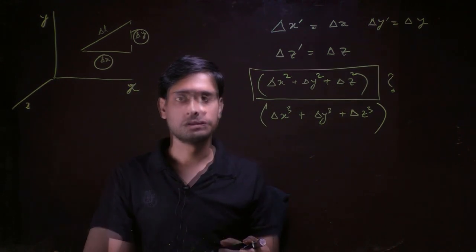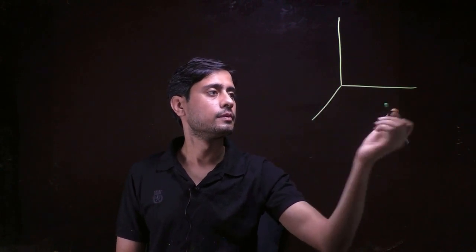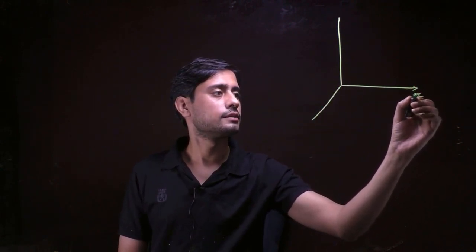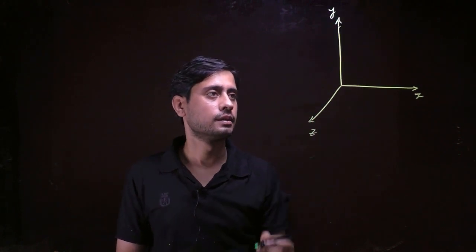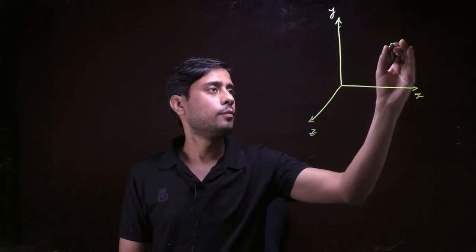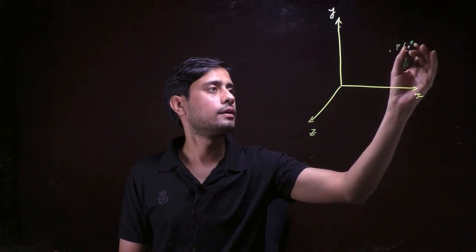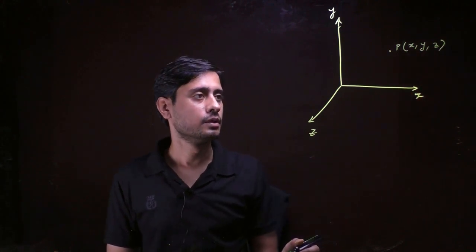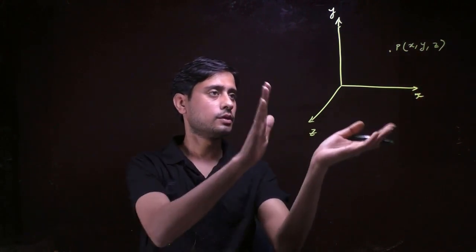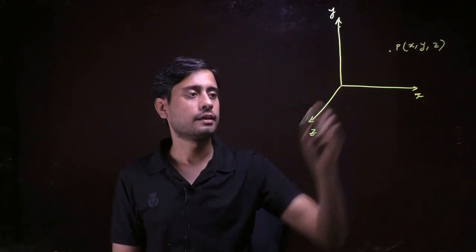Let's see it. Consider a three-dimensional coordinate system. This is the x axis, y, and this is your z axis. There is a point P whose coordinates are x, y, and z. Now we are rotating this coordinate system with z as the axis of rotation.